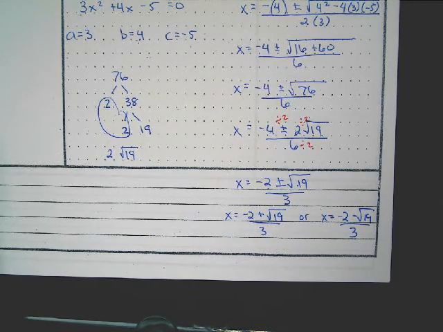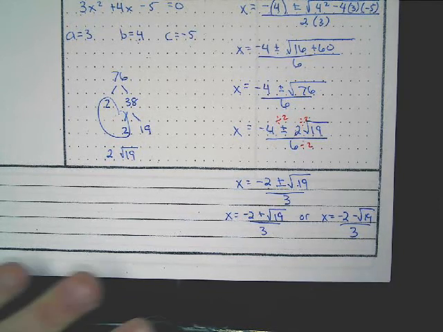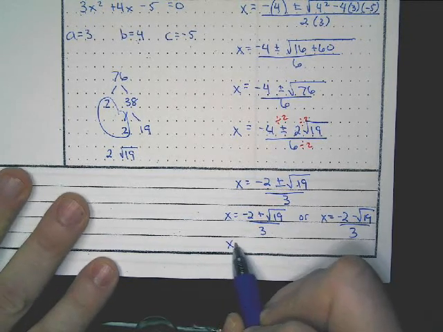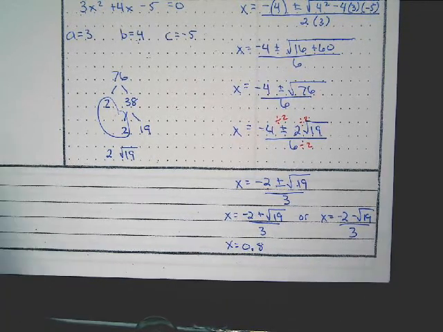I'm going to my computer for my calculator. So I'm going to say negative 2 plus square root of 19, and then I'll take that number and divide it by 3, and I get 0.8.